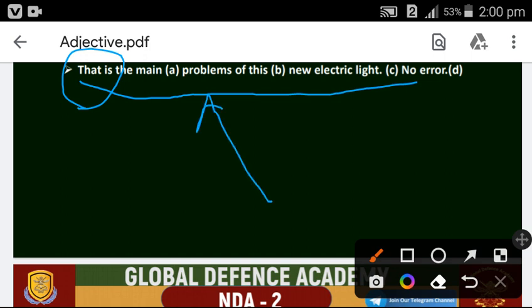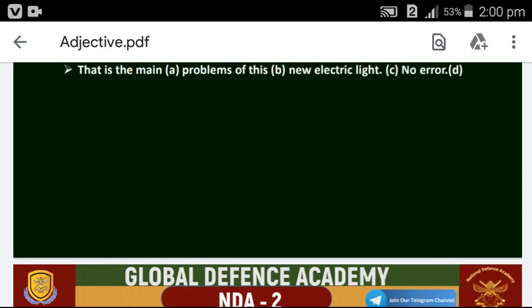Problems is a plural noun, not a singular noun. So to correct this sentence, we have to remove s from the word problems. The corrected form of this sentence is: that is the main problem of this new electric light. Got it? Okay.